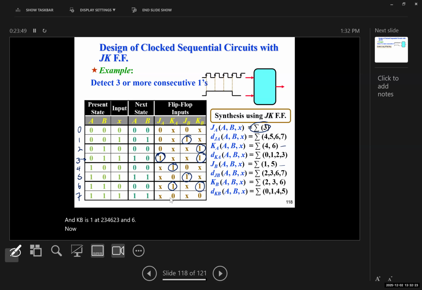Now we want to find JA, which is a function of A, B, and X. We want to find when we have any of them equal to 1, and we have 3 consecutive 1s in them.